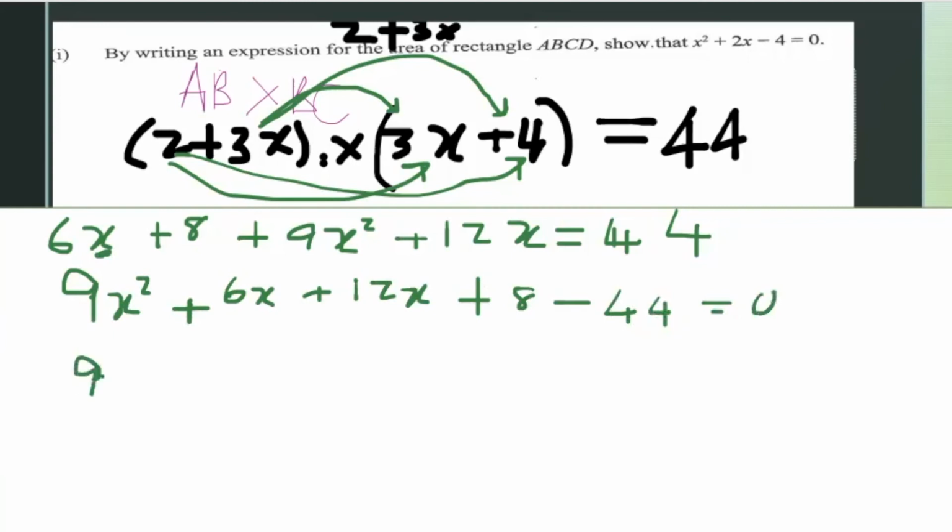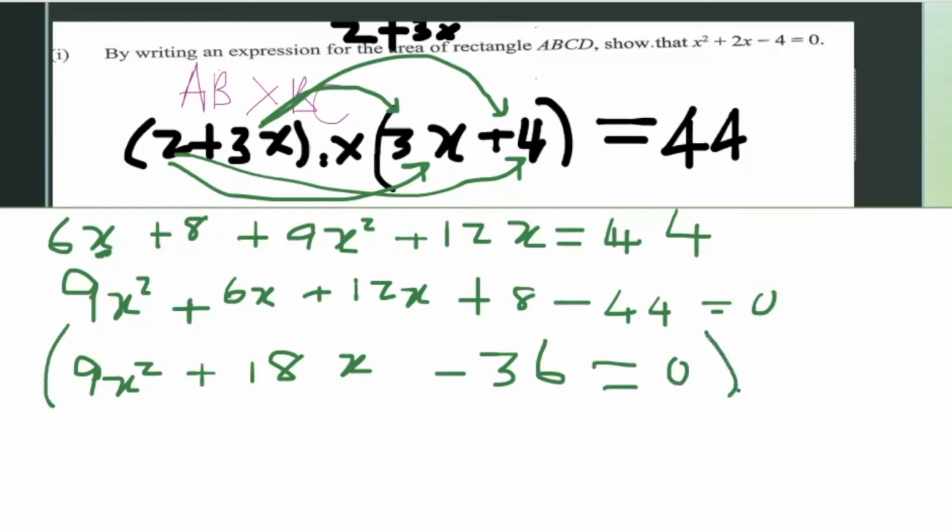So I have 9x squared plus 12 plus 6, that's 18, so that's 18x. 8 minus 44, that's minus 36, equal 0.